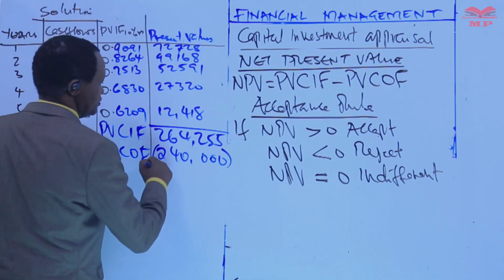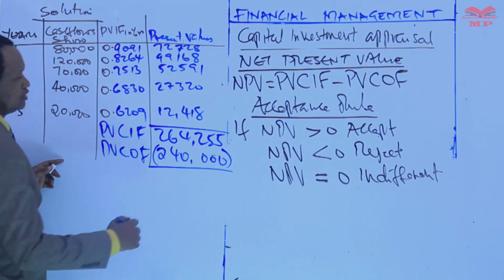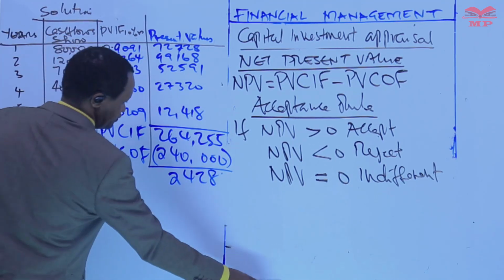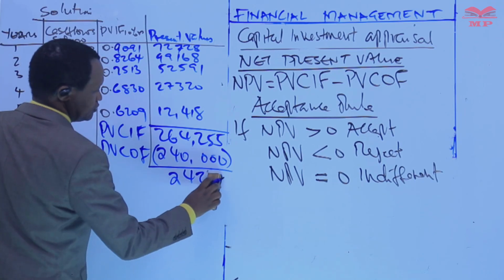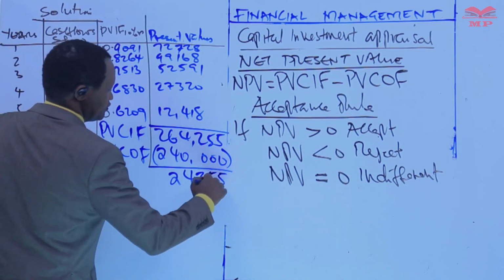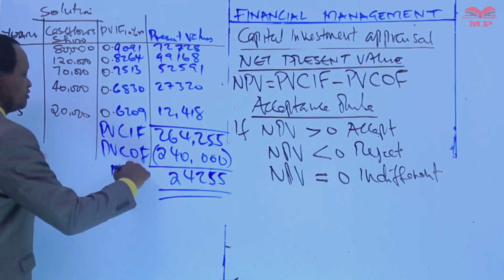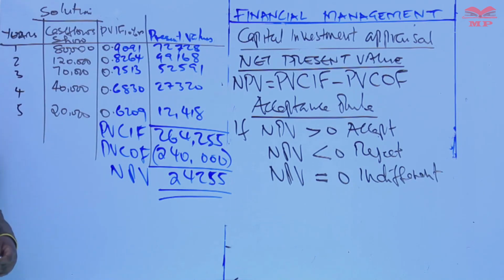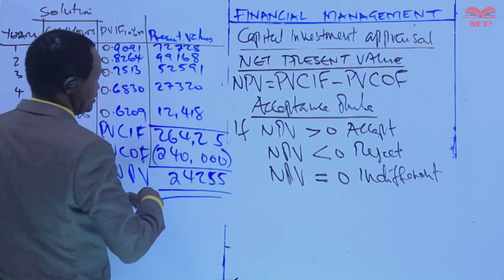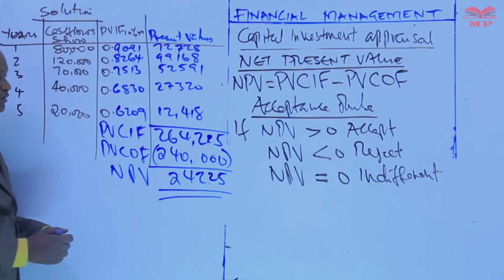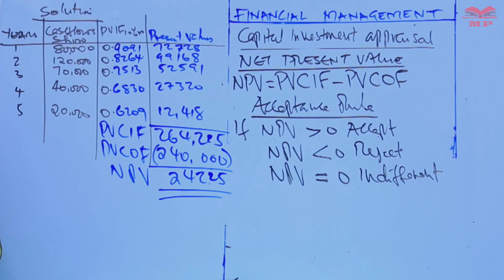Deduct 240 from that, 264,255 minus 240,000. Positive. This is the NPV. That clear? 24,255. That is the NPV. So what is the question?